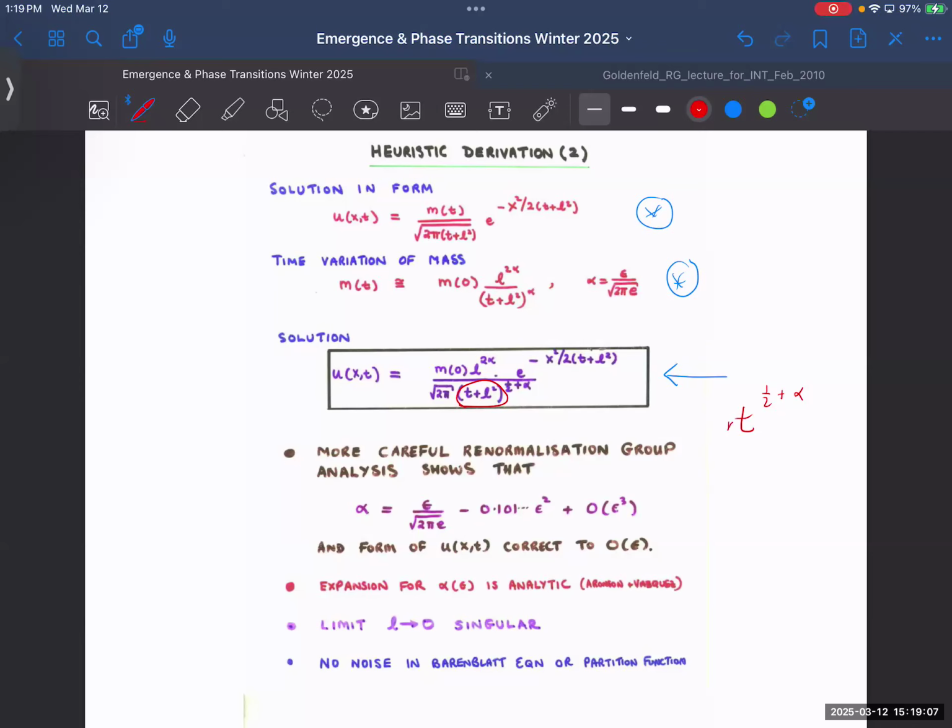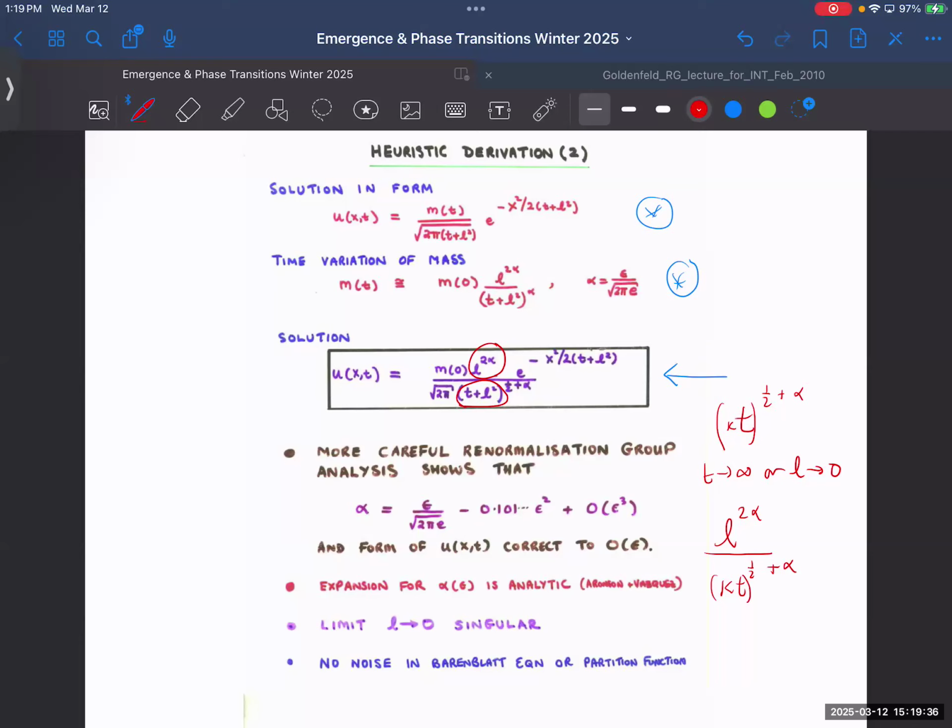This is actually really kappa T. So as I take T goes to infinity or L goes to 0, that's what this term becomes. And this term is left here, L to the power 2 alpha. So I've got L to the 2 alpha over kappa T to the 1/2 plus alpha.